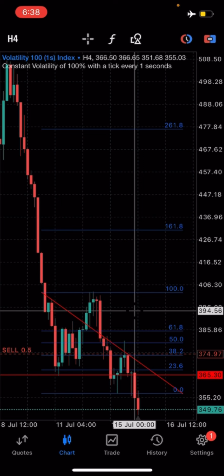For that temporary downward movement, Fibonacci gives you an idea: okay, this is the end of that downward movement, so you can decide to buy from here and start riding all the way up. The same thing for a bearish market. The market is forming lower high, lower low, lower high, lower low. As the market is going down, it's definitely going to go up a little bit before it continues pushing down.